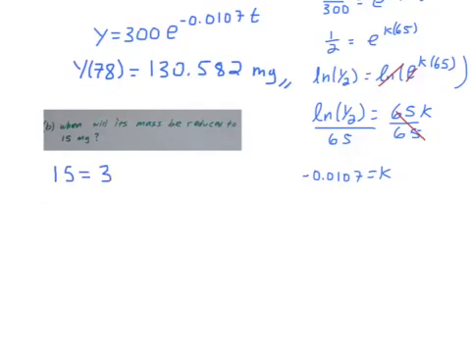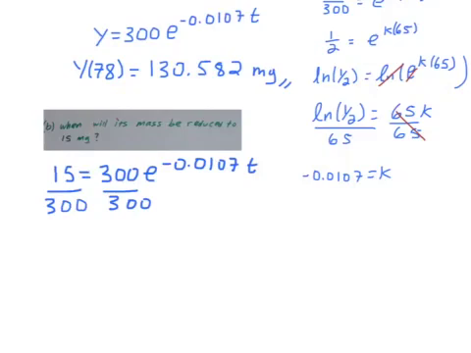So it's going to be 15 equal to 300 e to the negative 0.0107 t. And then go ahead and solve it. I'm just going to divide both sides by 300. And this reduces to 1 over 20. So I can say 1 over 20 is equal to e to the negative 0.0107 t.